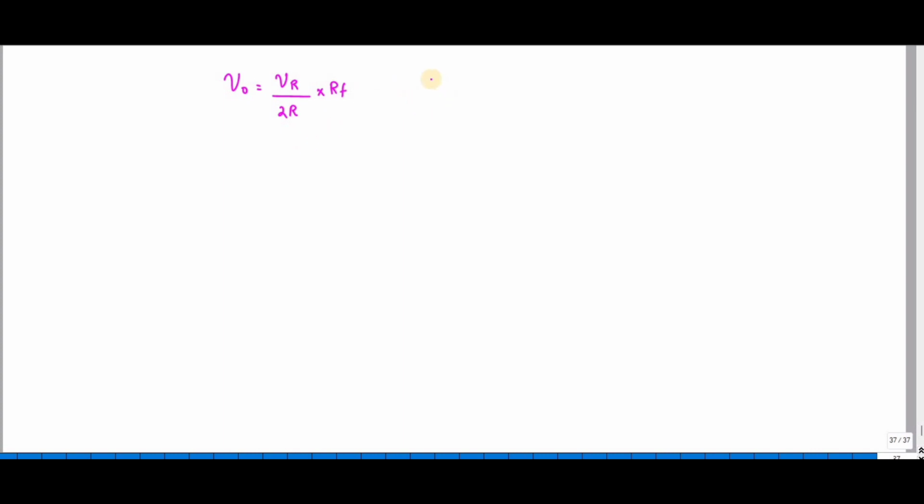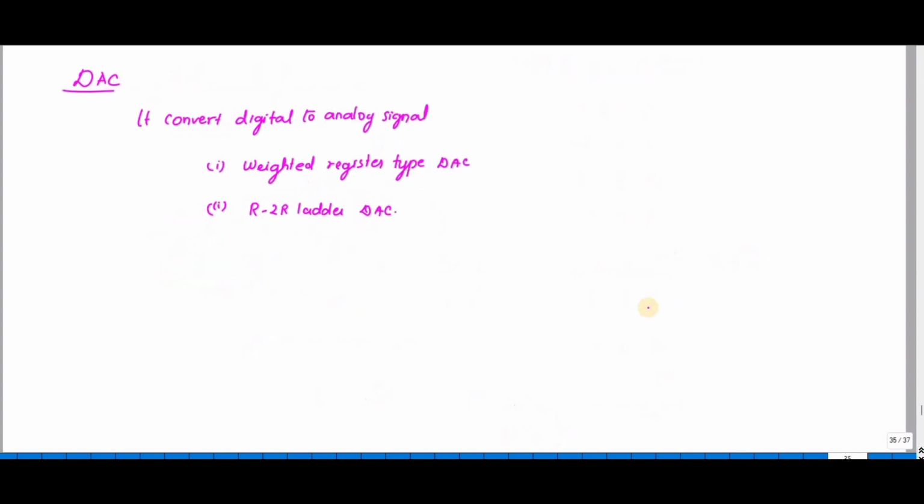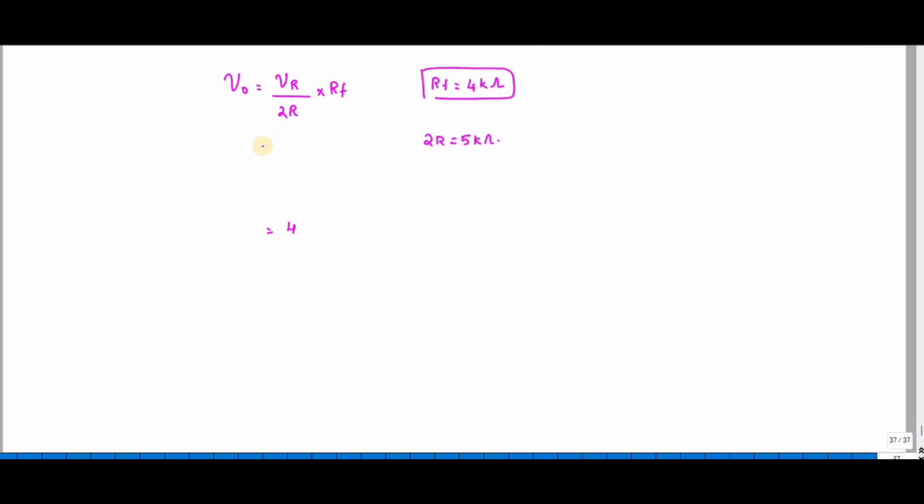So let me take the Rf value as 4K, and the 2R value as 5K. I need to get the equivalent value as 4 volt. In order to get 4 volt, if this is 5K and this is 4K, definitely the VR value must be 5. If I solve, I will get 4 volt.